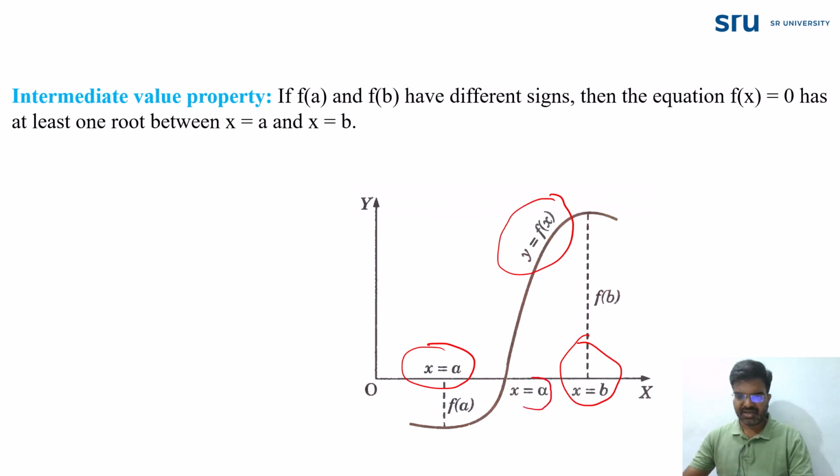See, you can see one number alpha between a and b. At this number, the functional value is 0, means here f of alpha equal to 0. This is one most important property of the function. Suppose a function has different signs at two numbers, then there exists a value between the two numbers. At that value, the function is 0.